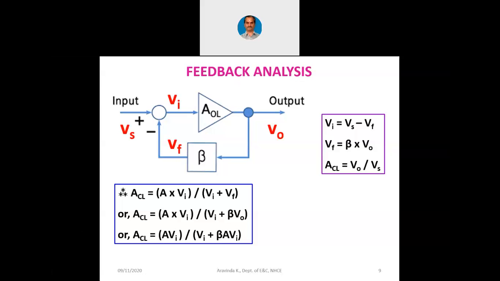So if Vi gets cancelled, what will be the next equation for the closed loop gain? Can anybody tell me? Just observing this last equation, what will be the net expression for ACL? Can anybody tell me?